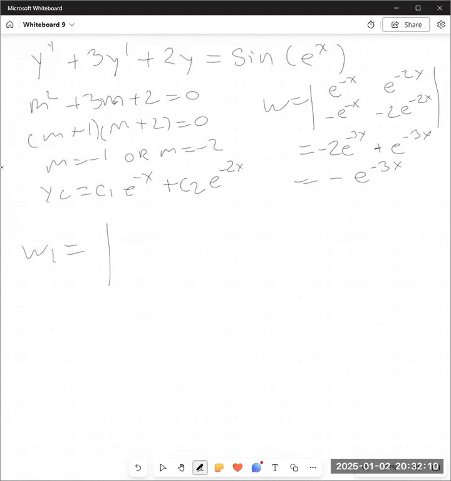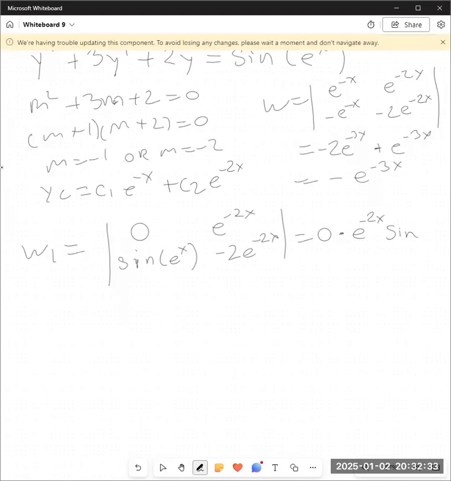W1 is going to be 0 times sine of e to the x, and you have e to the negative 2x, negative 2e to the negative 2x. So that's going to be 0 minus e to the negative 2x sine of e to the x.